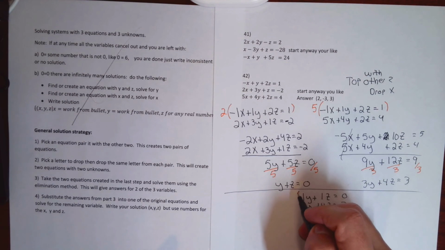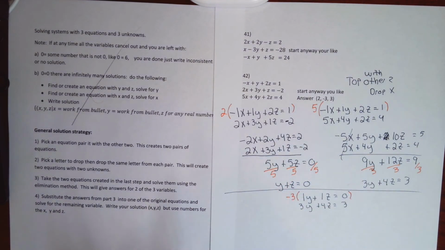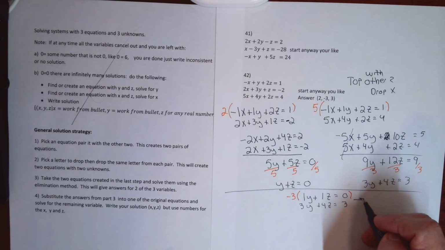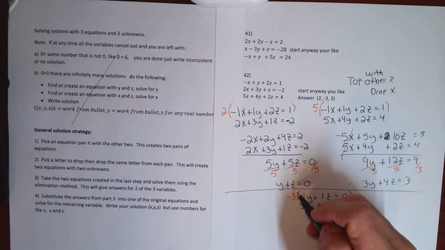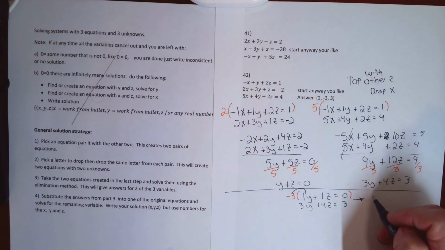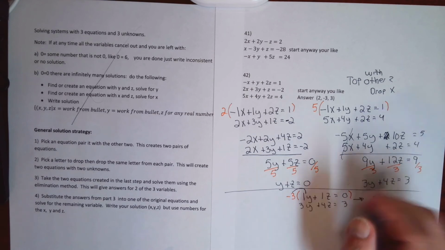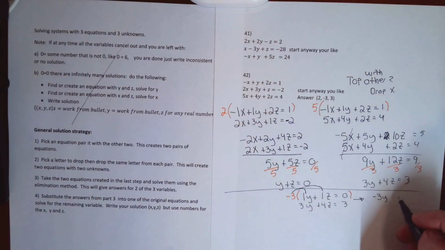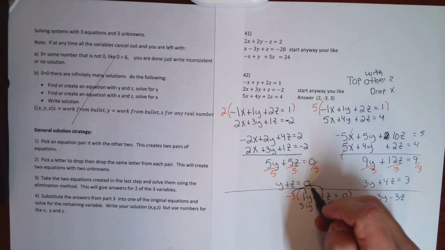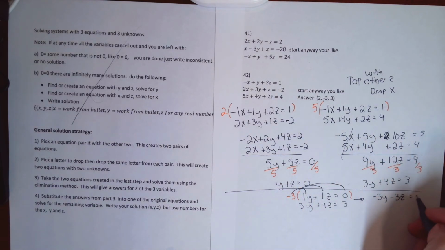I'm going to drop out the y's by multiplying the top by negative 3, and I'm having a hard time because I'm getting towards the bottom of my paper, so I'll work sideways. To multiply the top by negative 3, I'll go negative 3 times positive 1y and get negative 3y, negative 3 times positive 1z and get negative 3z, and negative 3 times 0 is 0.